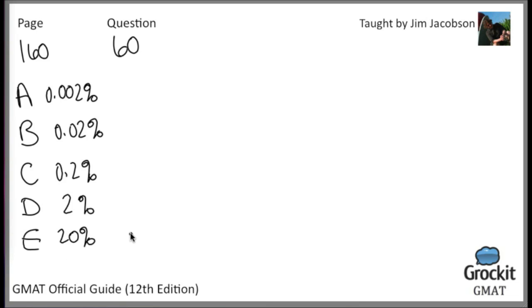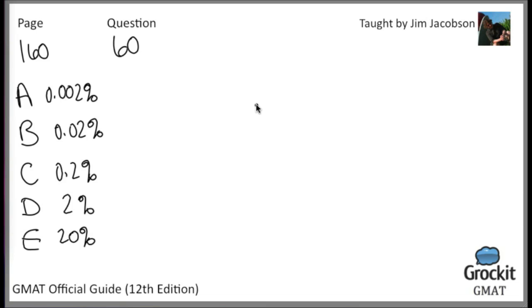So really, these are all the same number. We've just been moving the decimal point slowly to the right. Each one moves the decimal point one space to the right. So clearly, the GMAT is expecting us to make an error in our powers of 10. Actually, we haven't even looked at the problem yet, and we know that.